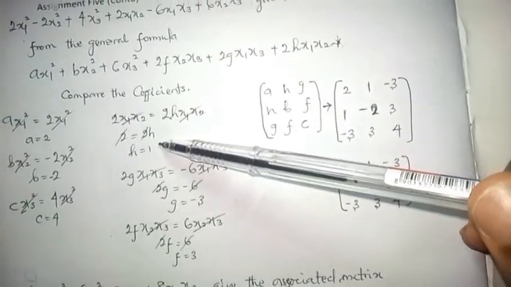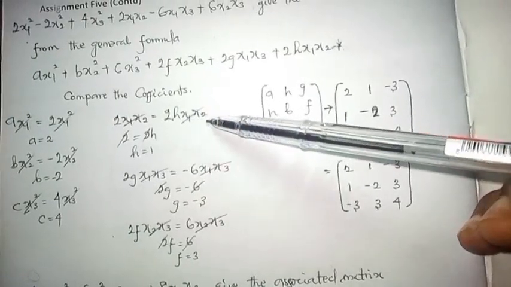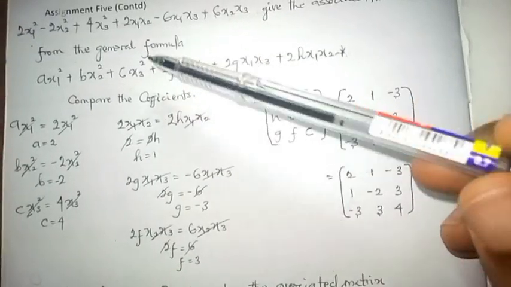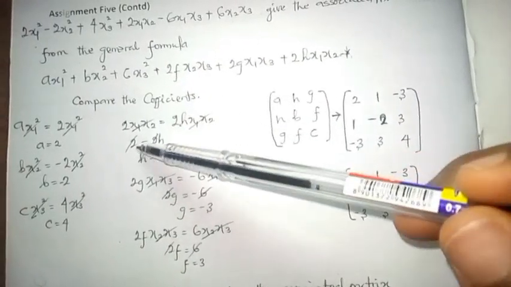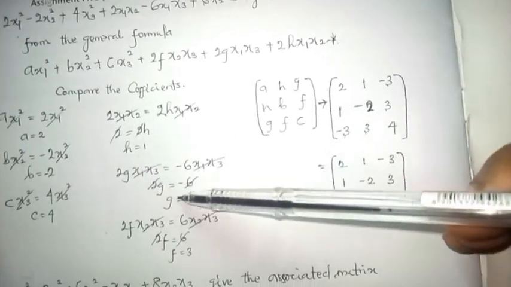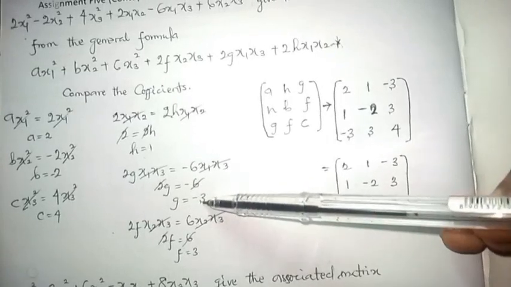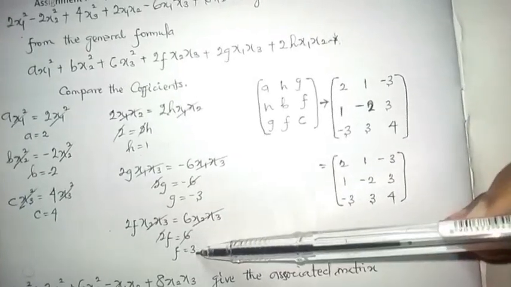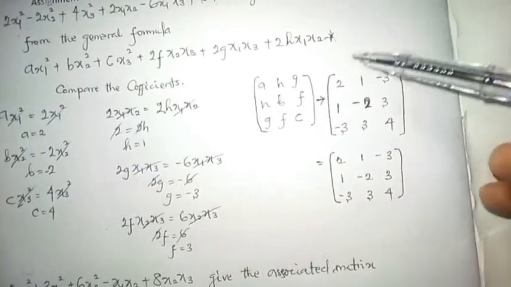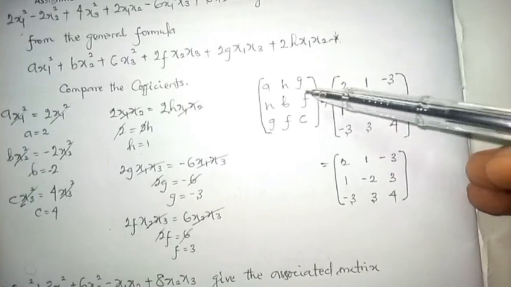Then we came down to h. H has the coefficient, the variables x1, x2. And so we compared it with this x1, x2. And then we're left with 2h and 2. So we got to have our h as 1. We also did the same thing for g, and g became minus 3. We did the same thing for f, and f became 3. So here we then got to rewrite our matrix.